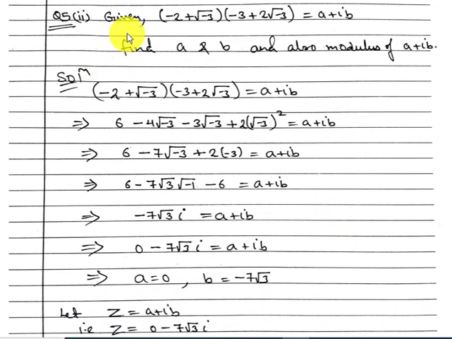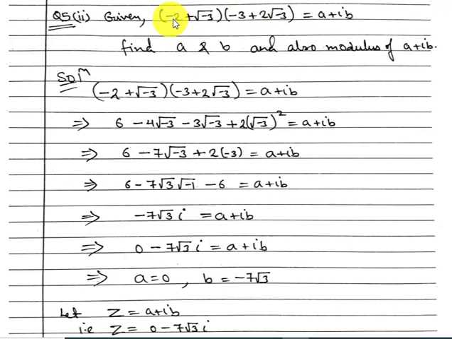Okay, let's see the question. Here the question is this, that your left hand side is equal to this a plus ib. Here this is a plus ib, means this is a complex number. Yes, that means if you simplify this left hand side, then you will get something in a plus ib form.